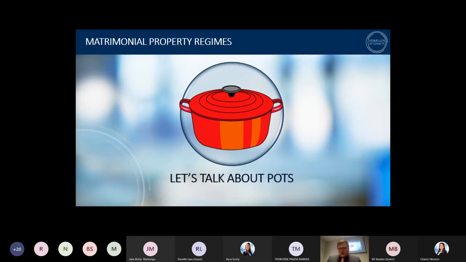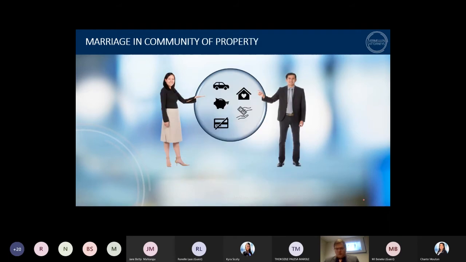When we talk about POTS, we talk about matrimonial property regimes. And in South Africa, we have 3 main situations. Number 1, we have a marriage in community of property.